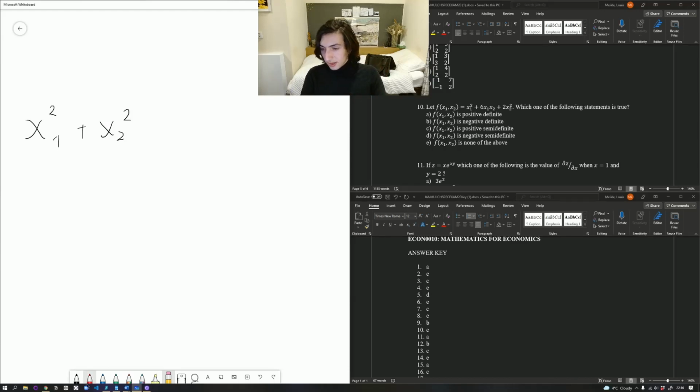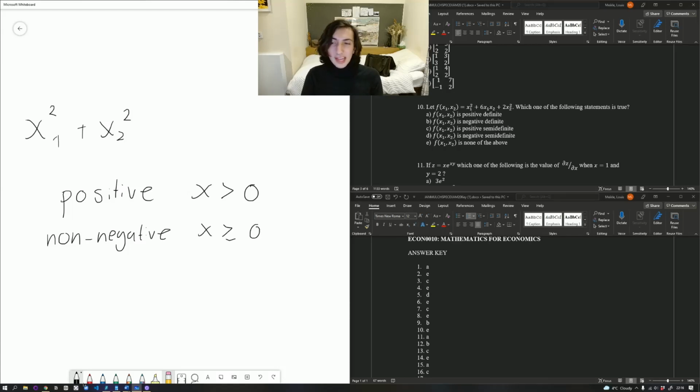Positive means that if I have x, it must be above 0. And non-negative simply means x must be above or equal to 0. That's essentially the distinction. It means it can hit 0, but it cannot be negative. So here it is none of the above.